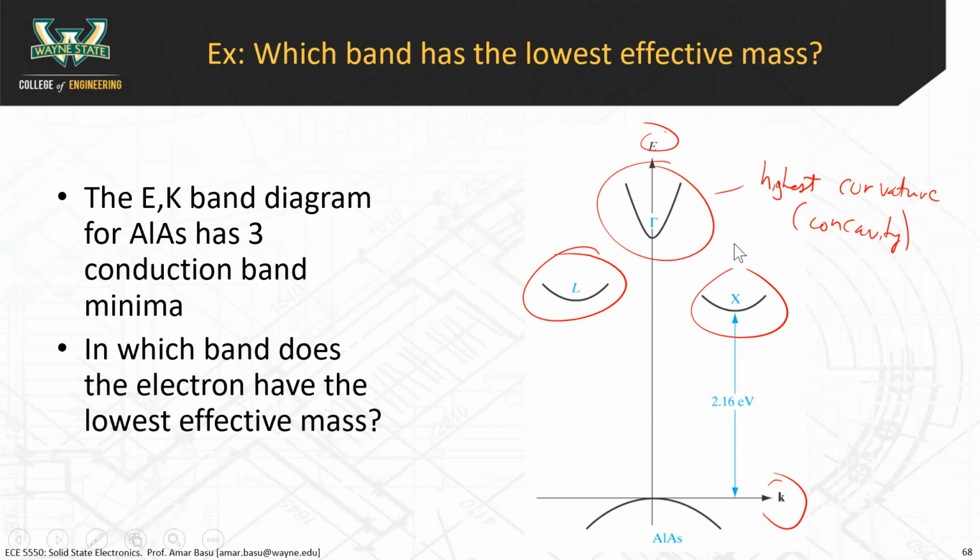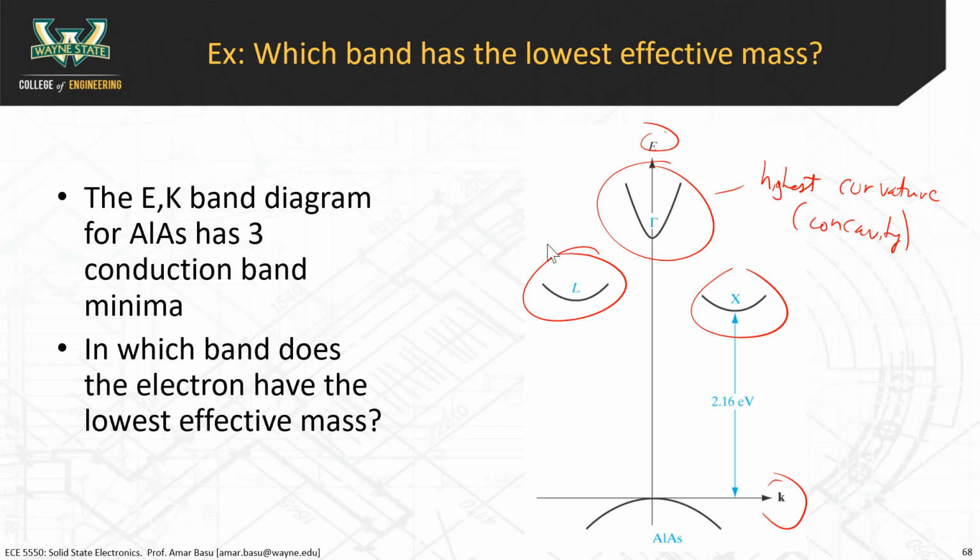In actual practice, a material has multiple conduction band minima, and they can be in the longitudinal direction or the transverse direction, depending on which direction the electron is moving.